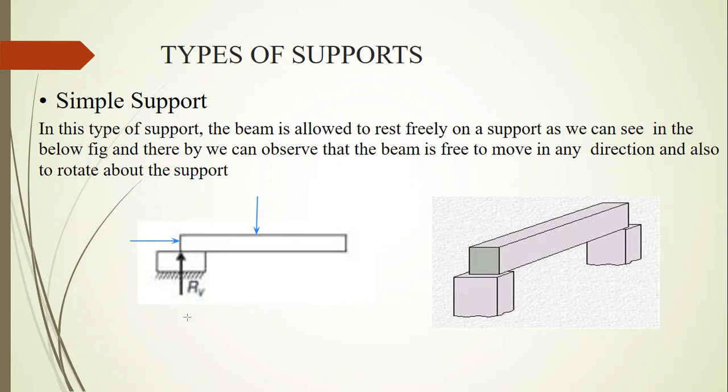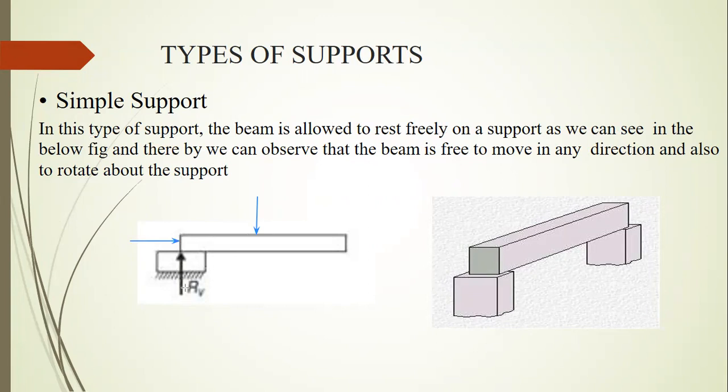In a simple support, there will always be a vertical reaction. You can see the example here. A beam is resting on two supports simply, so this can be considered as simple support. In this type of support, the beam is allowed to rest freely on a support, as we can see in the figure below. The beam is free to move in any direction and also to rotate about the support, but it does not undergo deformation in the vertical direction at the support.